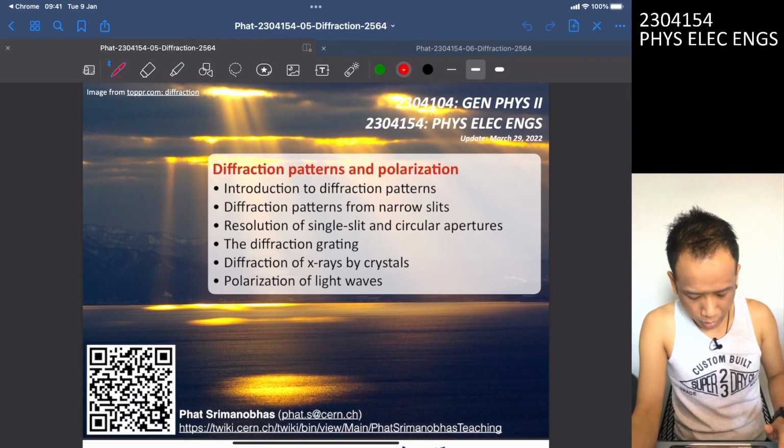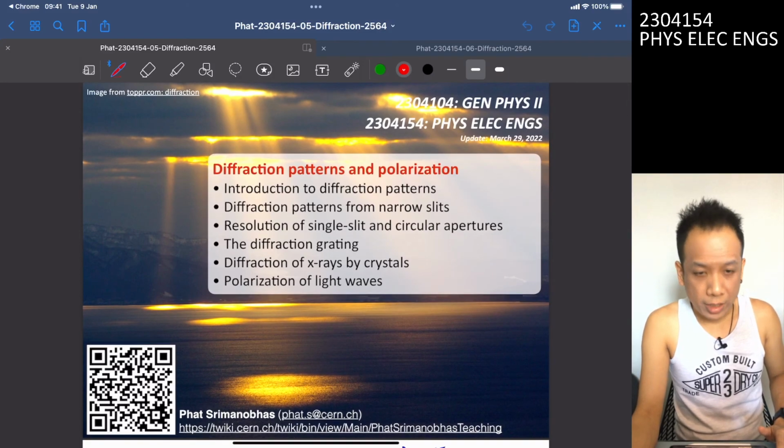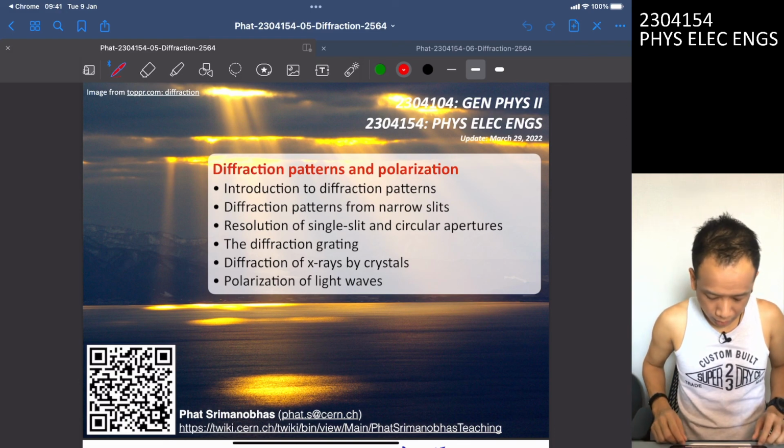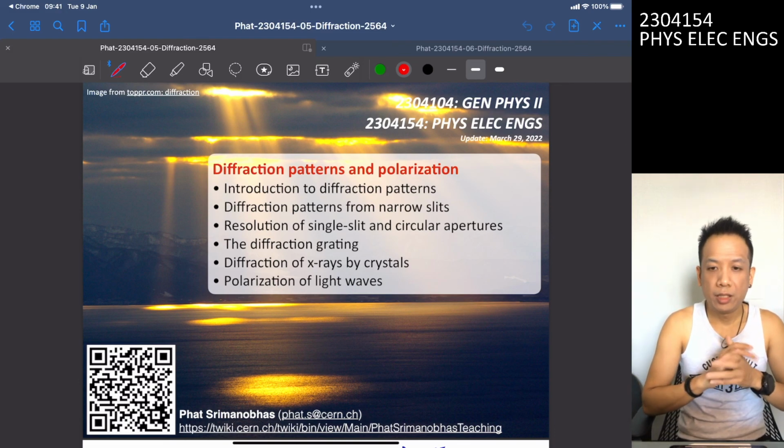This is the list of the topics in this survey: diffraction patterns, narrow slit, resolution, circular aperture, gratings, diffraction of X-rays, and then polarization.